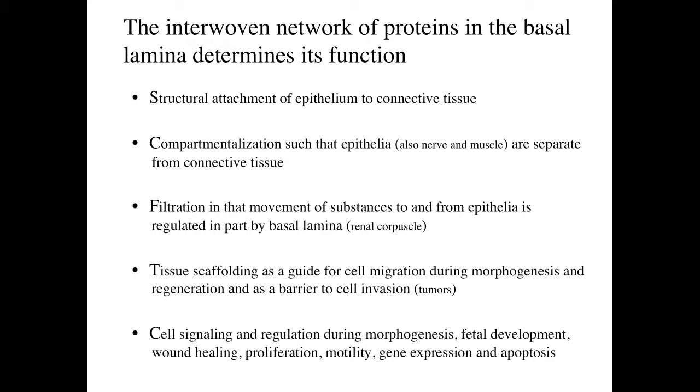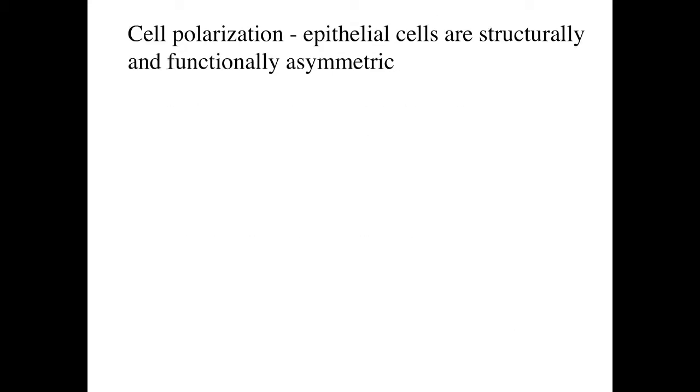It plays the same role in fetal development, in wound healing, in proliferation. It's involved in motility of cells, and because it has receptors in the membrane that will recognize proteins in the basal lamina, it can play a role in gene expression and also in apoptosis or cell death. Something we're going to talk about in more detail as we go along in the course.